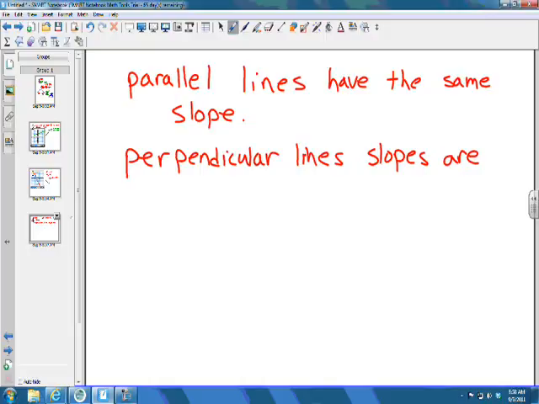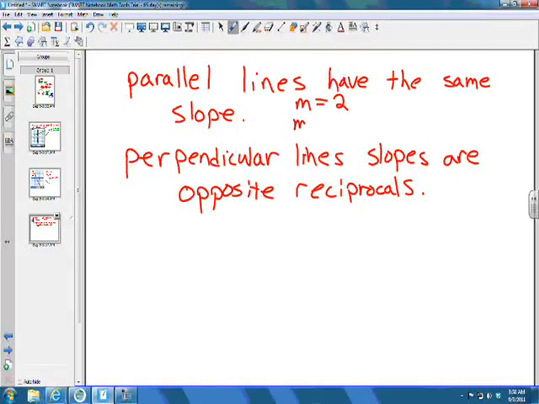Perpendicular line slopes are opposite reciprocals. So this one's easy. If the slope of one line equals 2, then the other slope also equals 2. Nothing there.